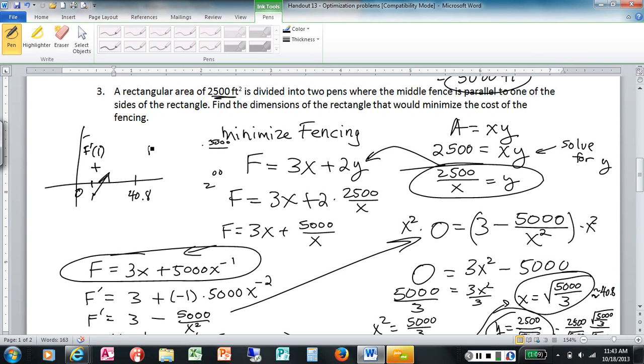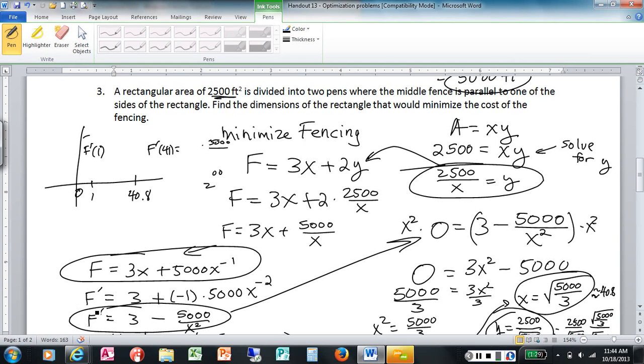And then on this side, say f prime of 41, what have I got there? Oh, no, I'm sorry, I'm plugging in the wrong place. I need to plug it in right here: 3 minus 5,000 over x squared. Let's try that again.